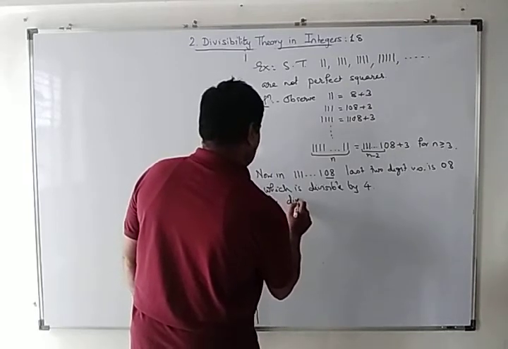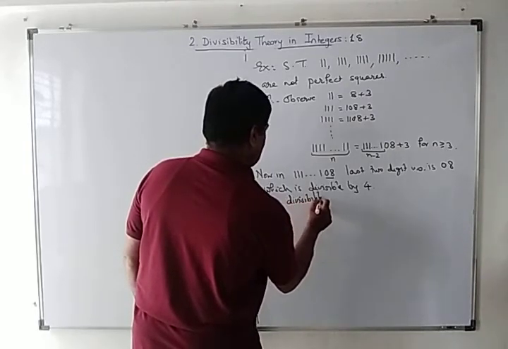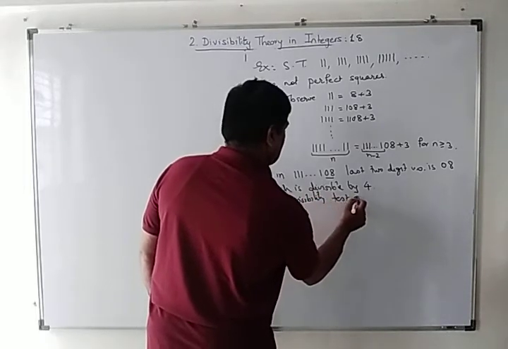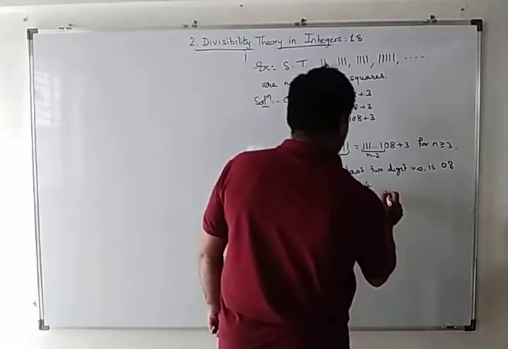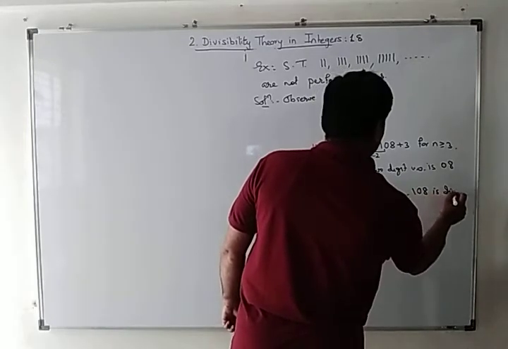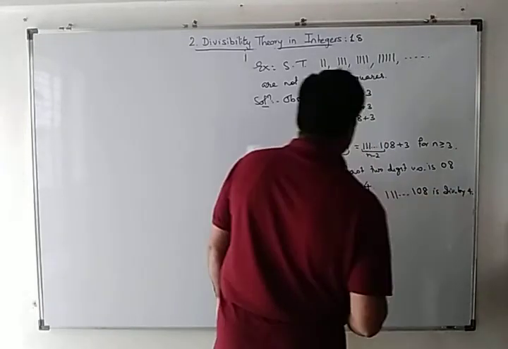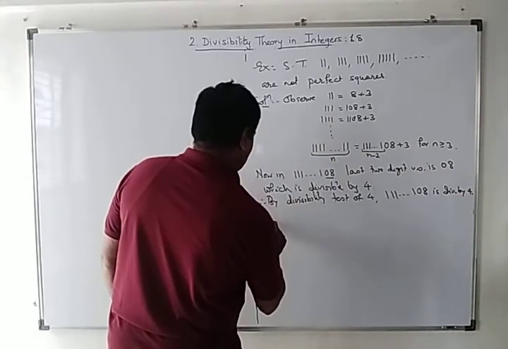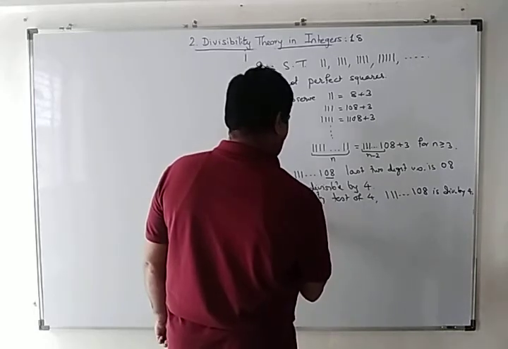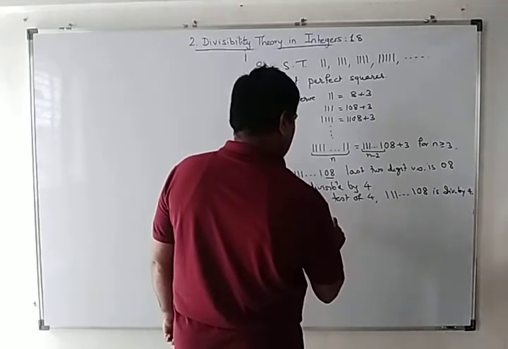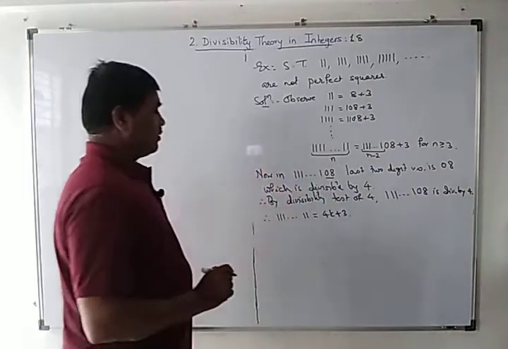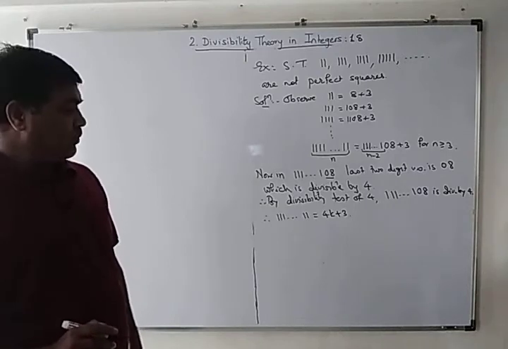So 111...108 is divisible by 4, and therefore 11...11 is of type 4k plus 3.